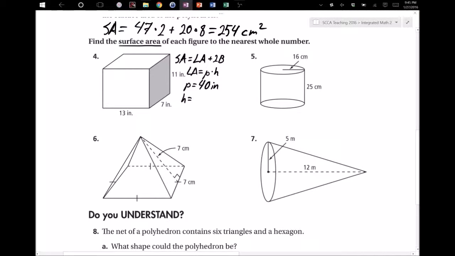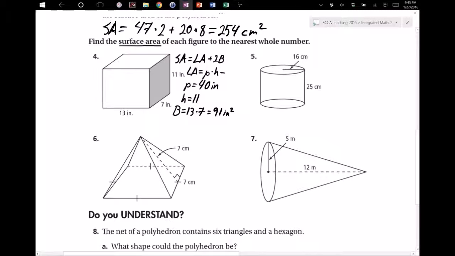What's our height? Our height is 11. And then what is the area of our bases? It is 13 times 7, which is 91 square inches.